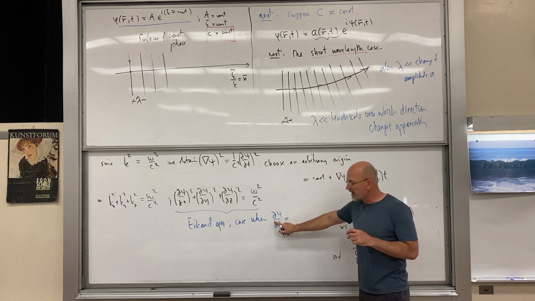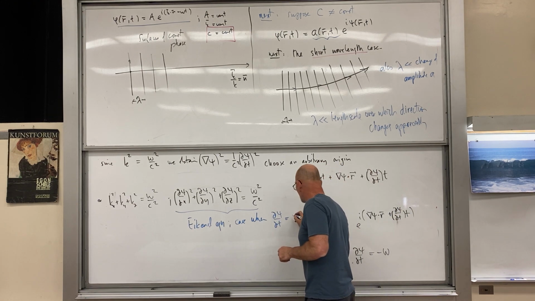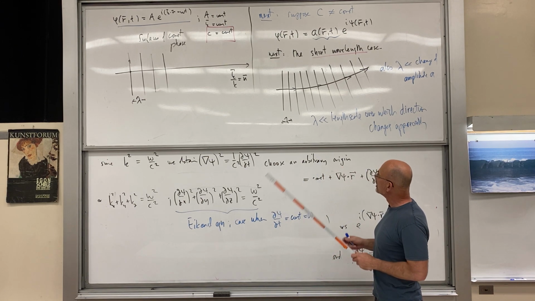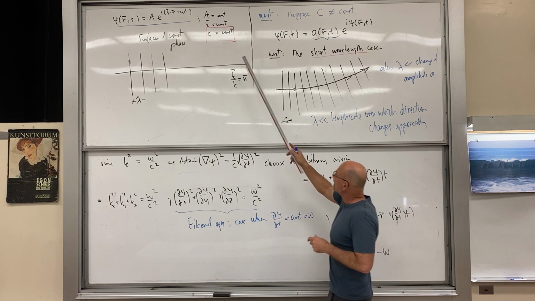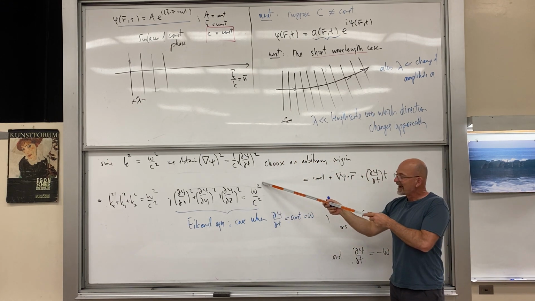I made a mistake there about it not being explicitly dependent on time. It's equal to a constant, which equals omega. So we still have our monochromatic waves, but we no longer have a constant speed of sound, and therefore they can move. And this is the Eikonal equation.